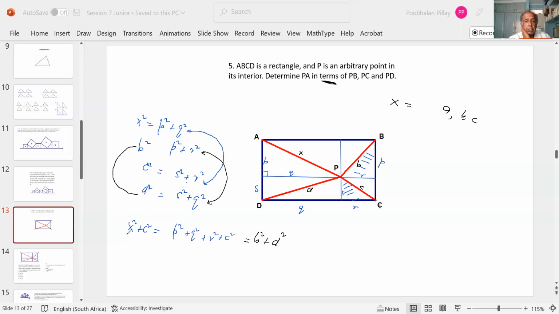Right. So in short, you've got X squared plus C squared on the extreme left equals B squared plus D squared. So that gives you X squared in terms of B squared plus D squared minus C squared.